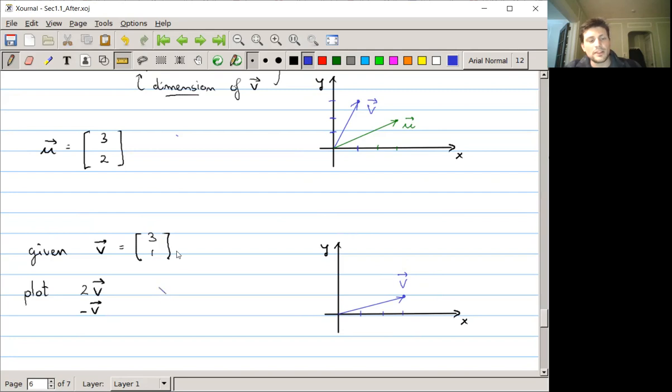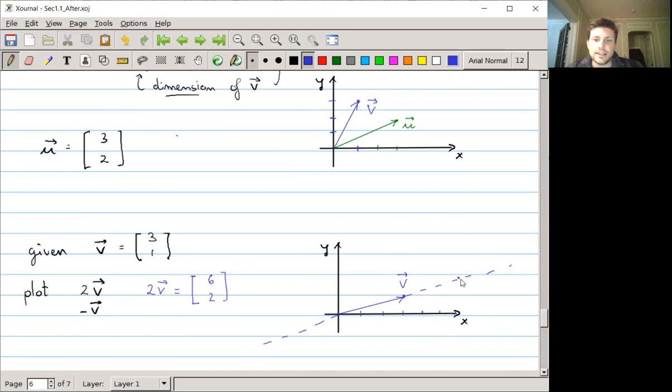How? Well, let's maybe write them down to just try to understand what they should look like. The vector 2v is a vector 6, 2. When I try to plot that here, I get 6, and then I get 2. 2v lies there, which is exactly on this line that contains my vector v.